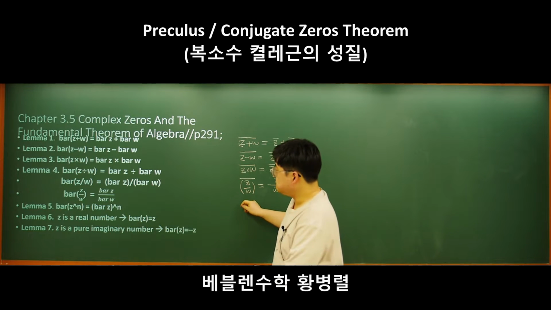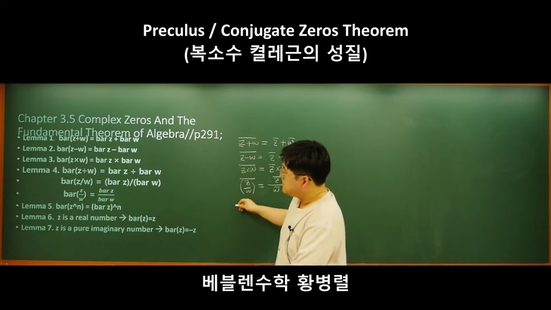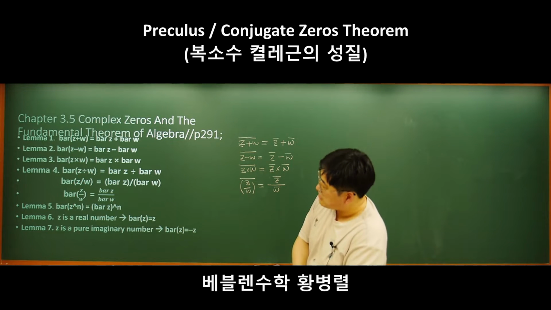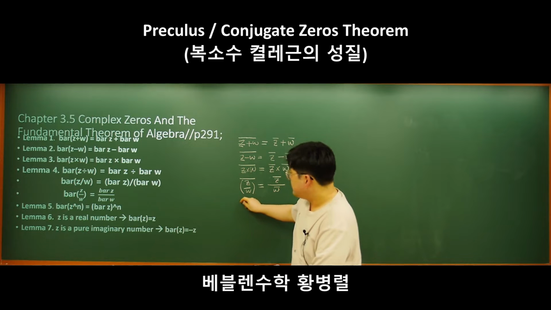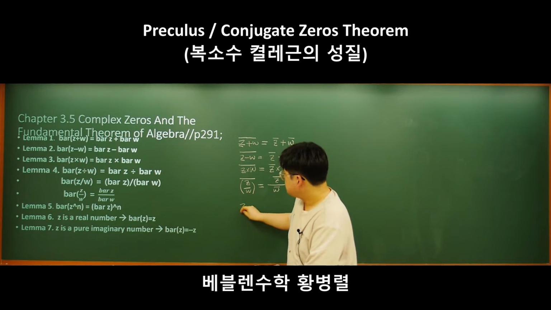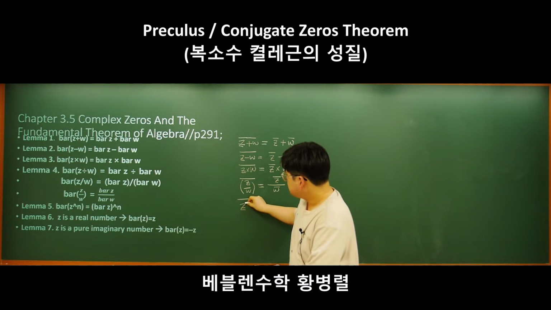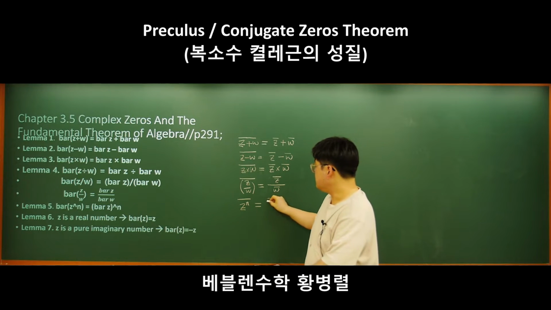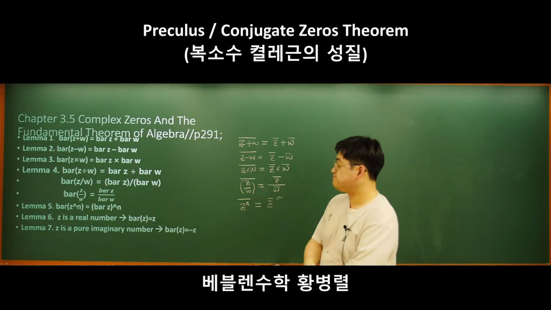And lemma 5 is an application of lemma 3. Bar of z to the nth power is equivalent to bar z to the nth power.